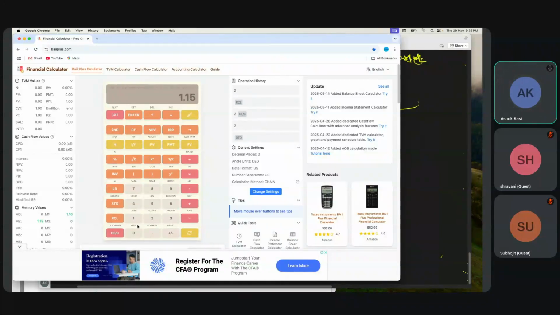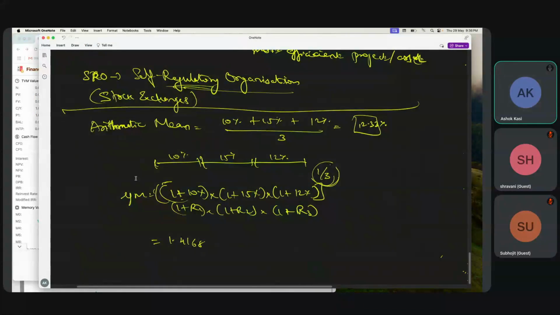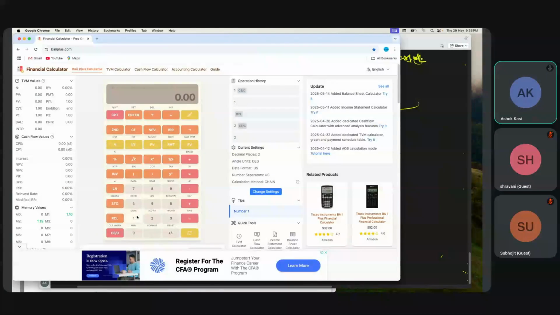Recall 2, and if you want recall 1, it is here. Then similarly, third one, 1 plus 12 percentage. So 12 percentage plus 1 equal to. Keep it in store 3. Have you done till here? Just try.